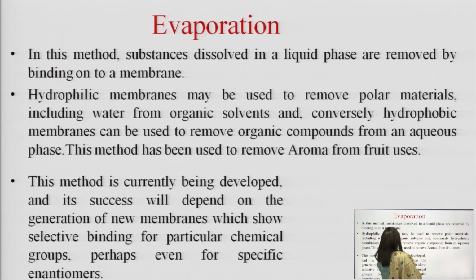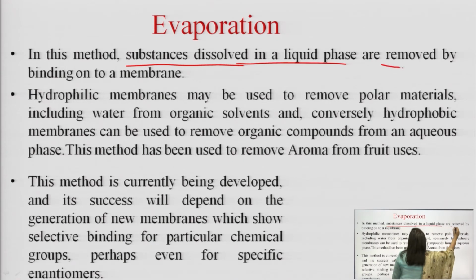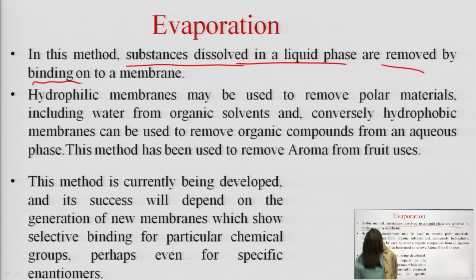Next method is evaporation. In this method, substances dissolved in a liquid phase are removed by binding to a membrane. That means a membrane is being utilized, to which the substances dissolved in the liquid phase adhere, and there are two types of membrane.